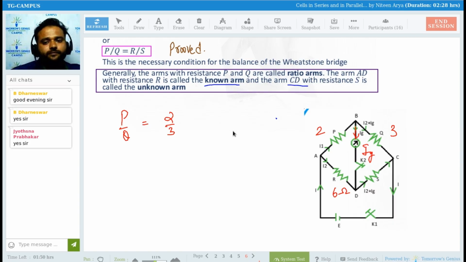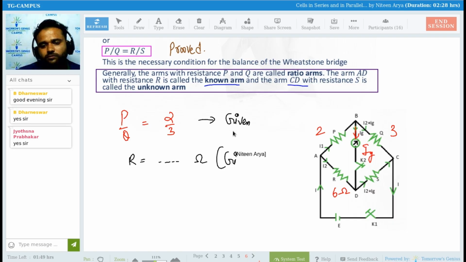Is this clear, everyone? This P and Q is going to be given, and even this resistance R they give. So what you need to find is S. How? Just simple.